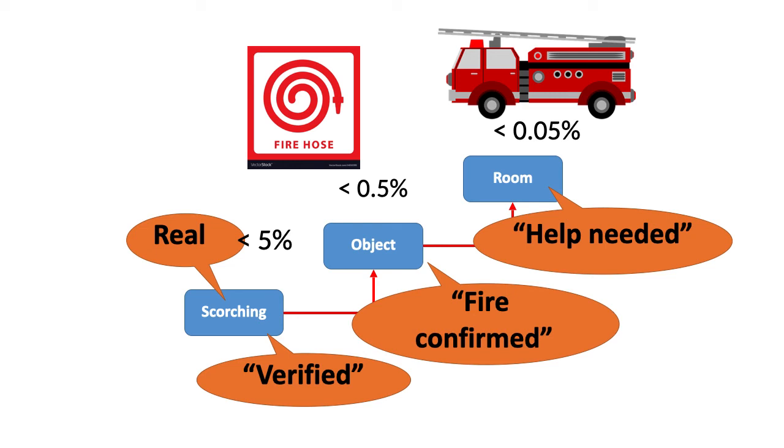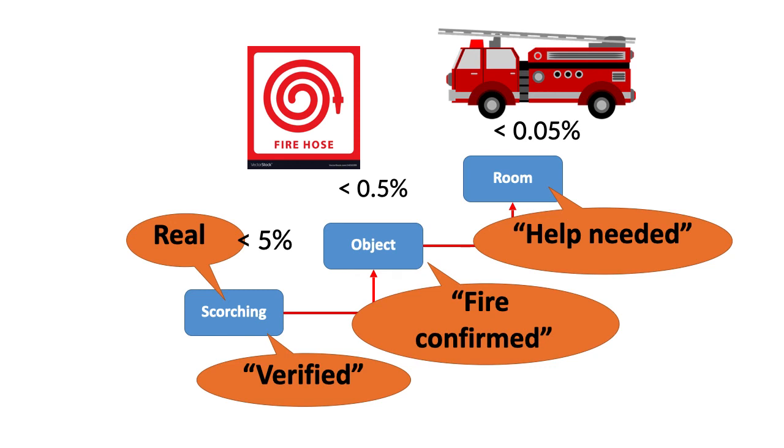In that case, I don't mind that you call the fire service because there's a fire, it's real, the fire has been confirmed. I don't mind going there at high priority and helping the user, even though he might be able to put it out himself. But I really don't want to receive any calls from real scorching or verified scorching, because in that situation the user can solve his problems himself.